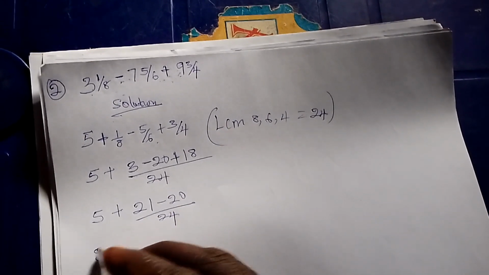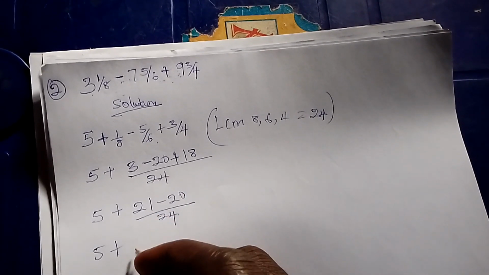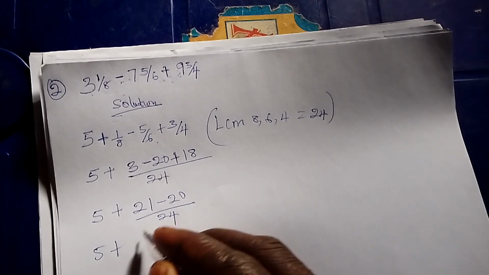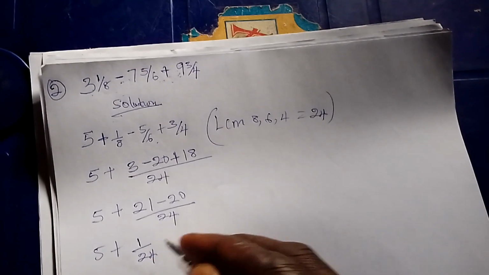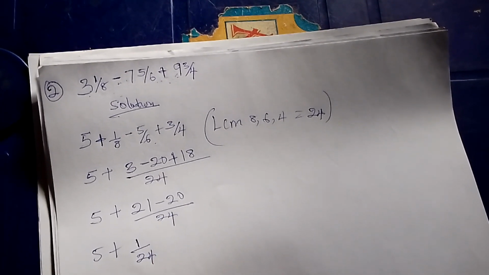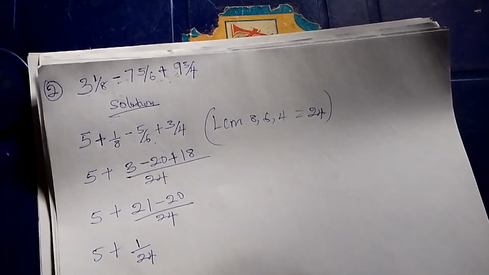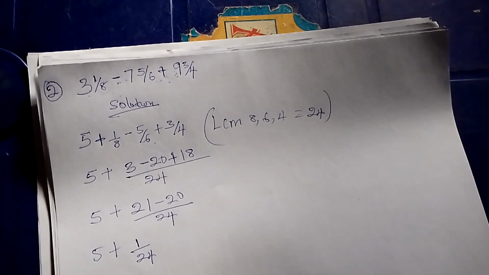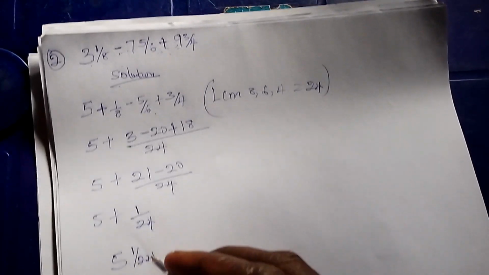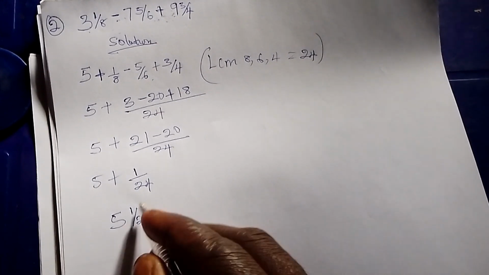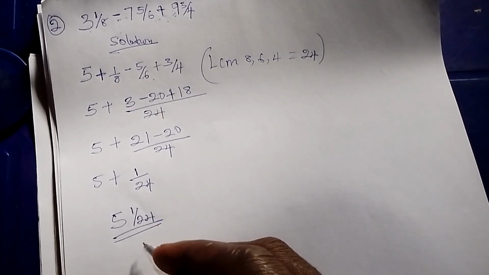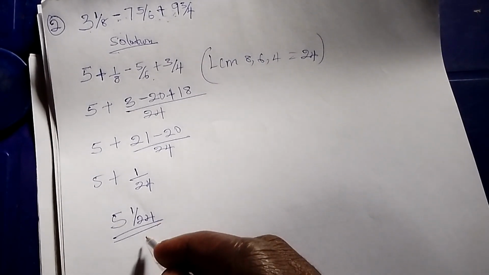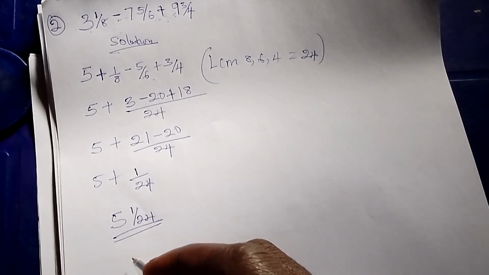Simplify further. 5 plus 21 minus 20 will give us 1 all over 24. Then join them together. Our answer becomes 5 whole number 1 all over 24. That is the solution of the second example.